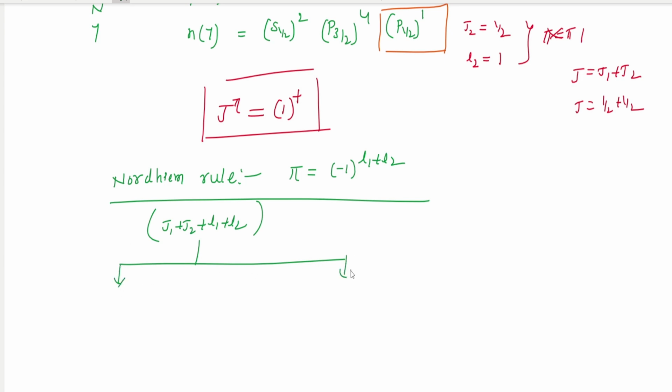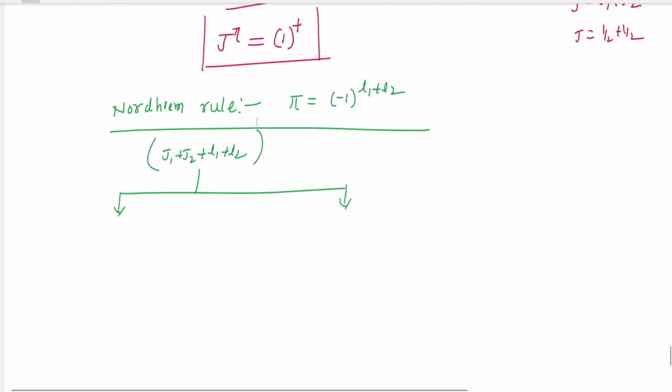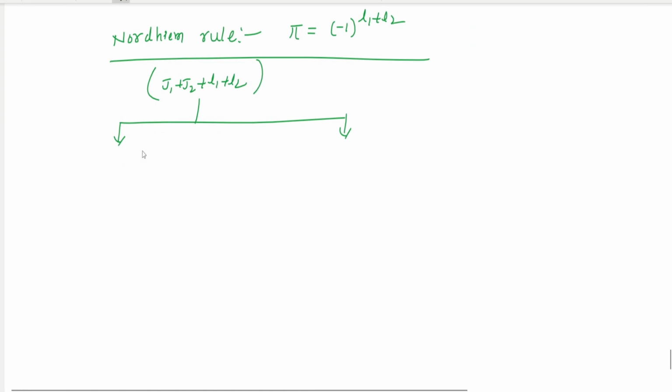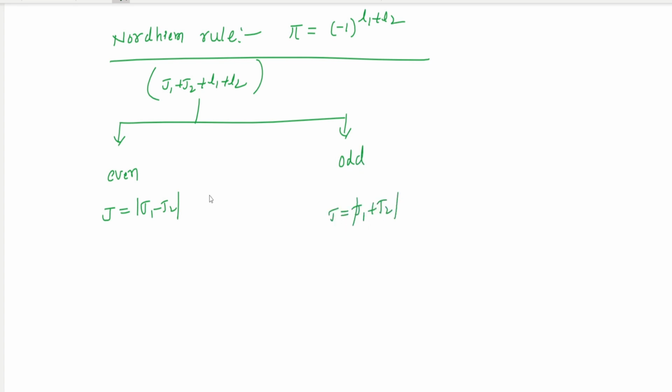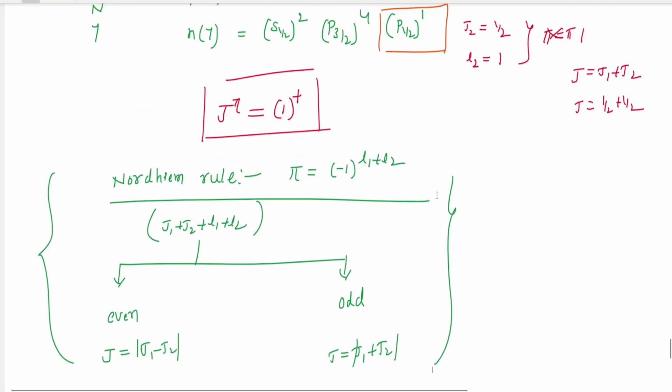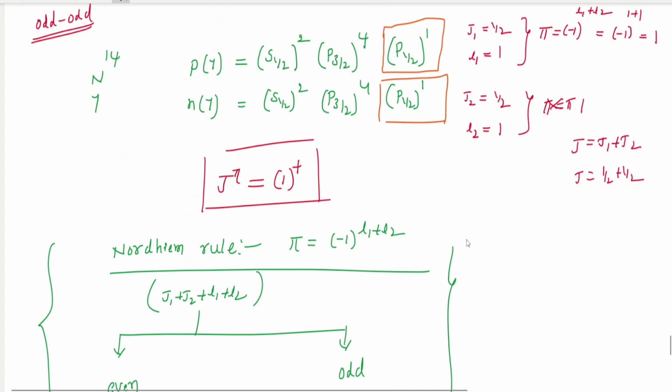In case of even nuclei, you need to find J value like this: J is equal to J1 J2. If you find the odd nucleus, J1 plus... So this is the rule. We need to follow this shortcut to find this type of odd nucleus. We need to follow this rule. Okay.